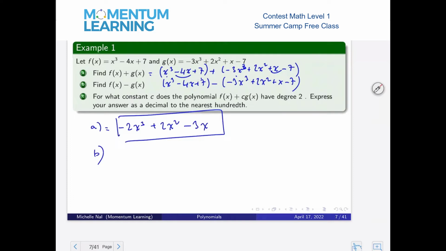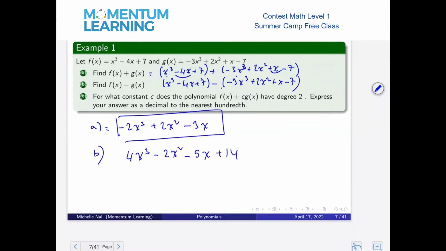And I can tell you that probably about 60 to 70% of the students will make a careless mistake there. Again, x cubed minus negative 3x cubed, we get 4x cubed. Like I said, there is no x squared term, so we have minus 2x squared, negative 4x, negative x, negative 5x, 7, now it is minus negative 7, which is plus 14.